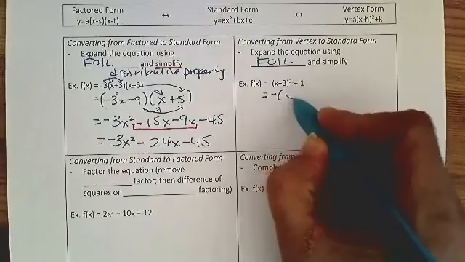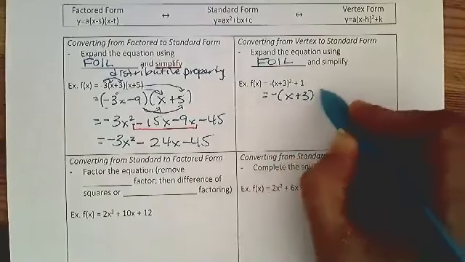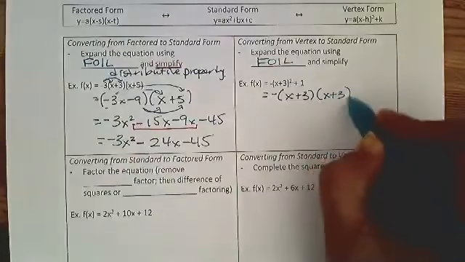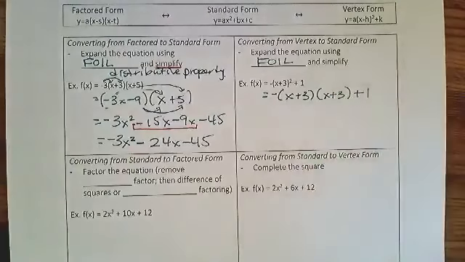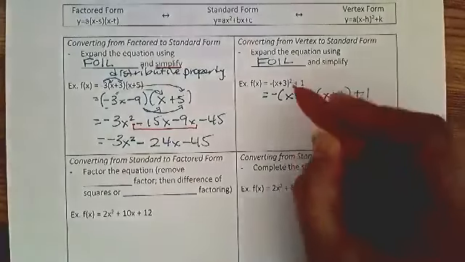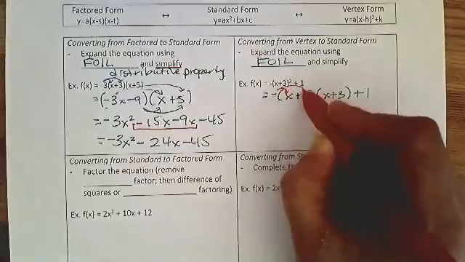I'm actually going to, as we know, we can write this twice. I'm actually going to just do the FOIL like we did in the last example. So the first thing is I'm just going to bring the negative into the first bracket.